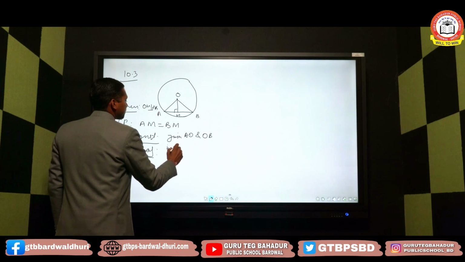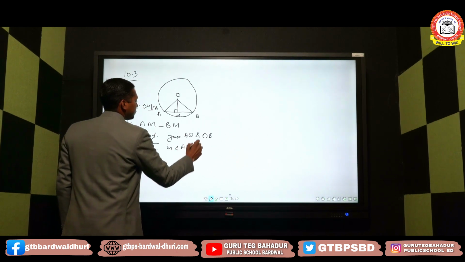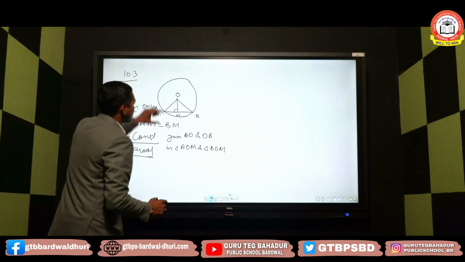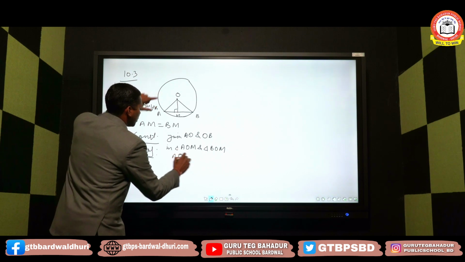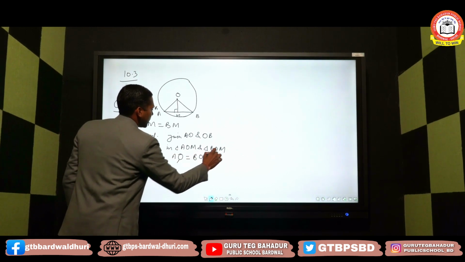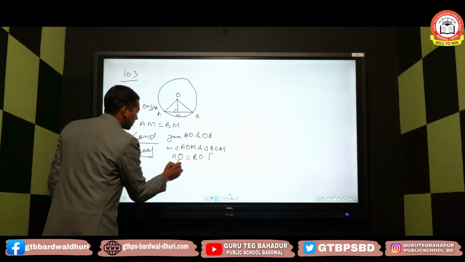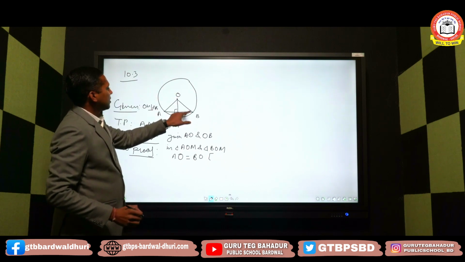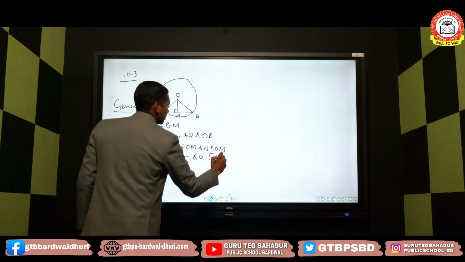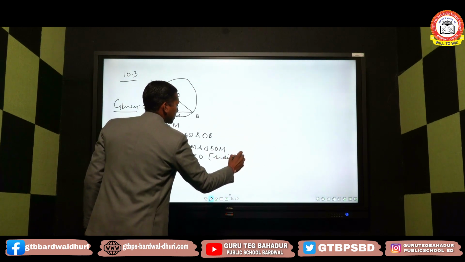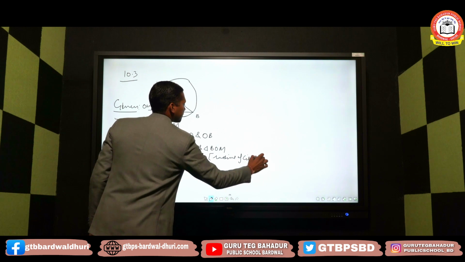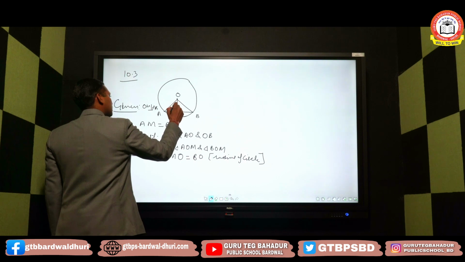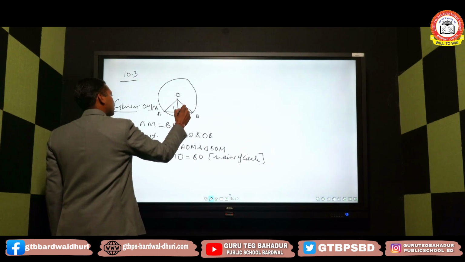So in triangle AOM and triangle BOM, AO is equal to BO. Why? Radii of the circle, the radii of a circle are equal. Second, let this be angle 1 and angle 2.